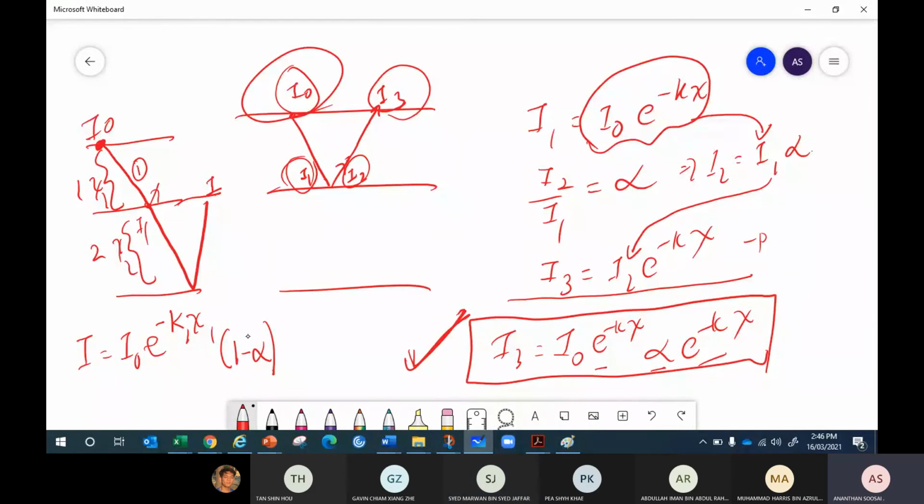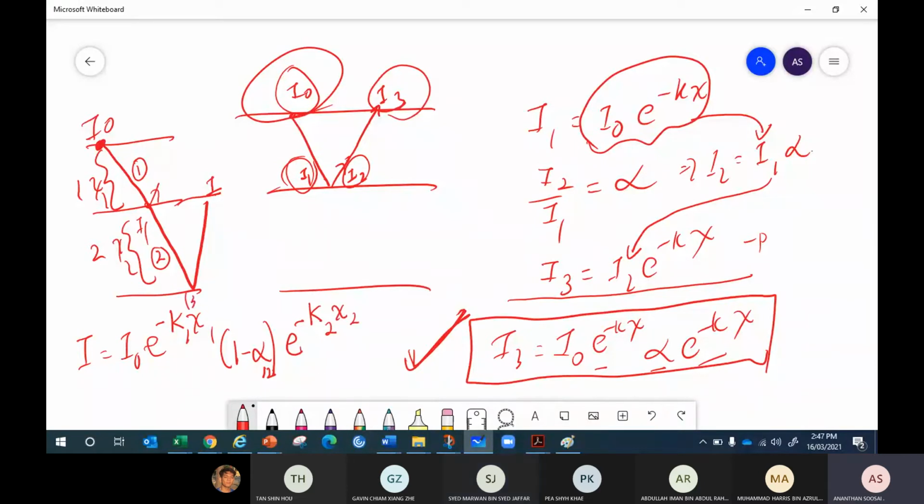In the first case you reflected, so alpha. If you take the transmitted one, 1 minus alpha. Which alpha? Alpha between 1 and 2. Next, at 2 there is absorption, so you times e negative K2 X2.